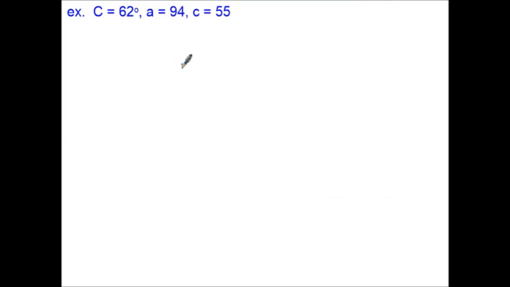Alright, another situation. Hint, it's not going to be one solution, but let's see how it goes here. Again, first things first, let's sketch out a rough triangle ABC. C is 62 degrees, big A is 94, little c is 55. Again, I'll shorten this one up a little bit, but I'm going to start out with 55 squared again, because the angle that I have is the 62, and it's across from the 55.